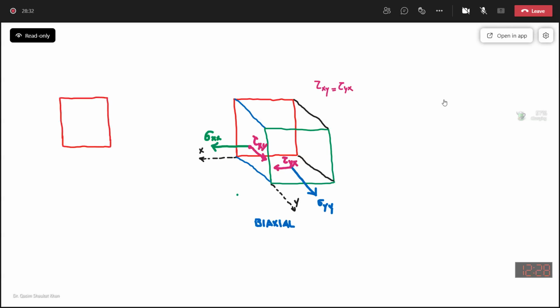We can have this as the sign convention. This is my y-axis and this is my x-axis. Along the x-axis you have this sigma xx.